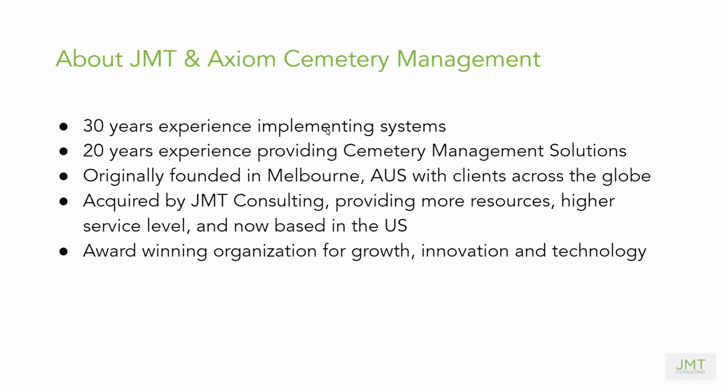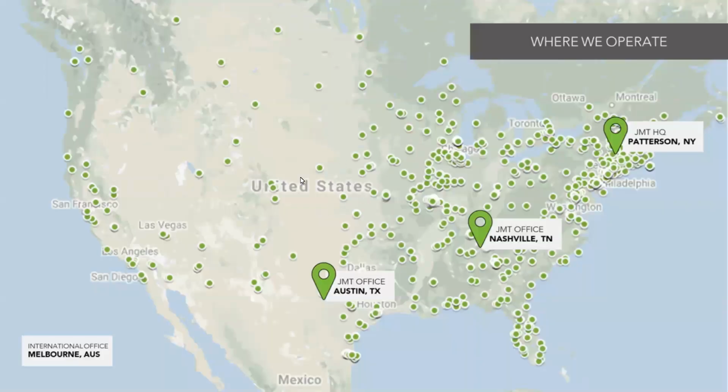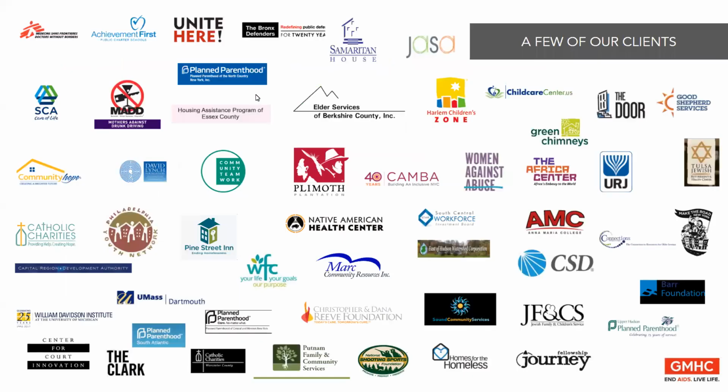It's unbelievable. And just a little bit about our offices. We've got one in Patterson, New York, one in Nashville, Tennessee, one in Austin, Texas, and one in Melbourne, Australia. And this is just a few of the clients that we have over the years. And what we do is we build strong partnerships with you guys in order for us to facilitate all your needs.